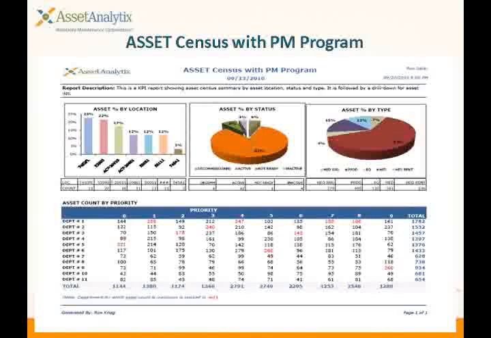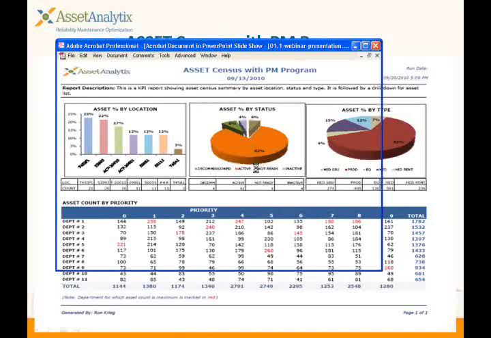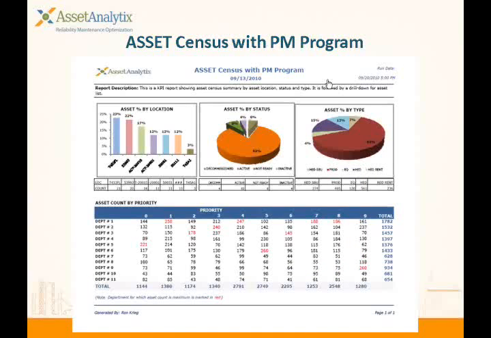This particular report shows how many assets you have assigned PM as part of your PM program, and it also gives you a sense of the PM work volume by location, by different statuses of assets, or different types of assets you might have, for example production assets, and some are active assets or some are inactive assets, etc. The whole idea here is to understand the total amount of workload that you might have.